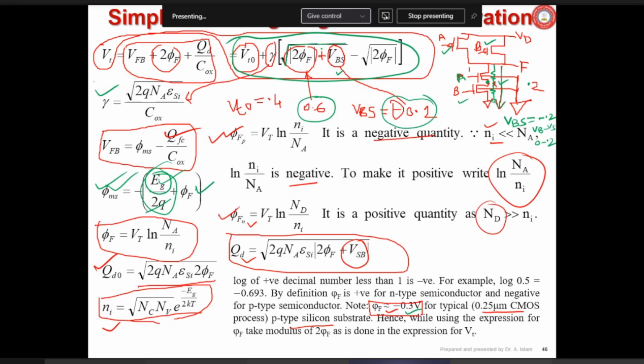Minus and minus becomes plus. So altogether, under the square root, you get 0.8 volt. After that you have minus 0.6 volt. So what is the value within the parenthesis? Can you tell me? And that has to be multiplied with gamma.